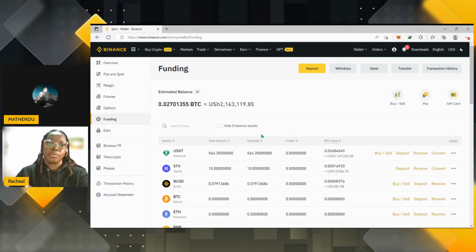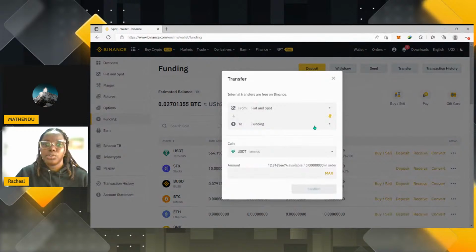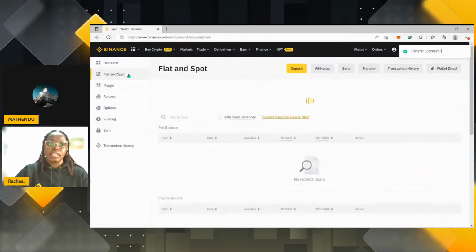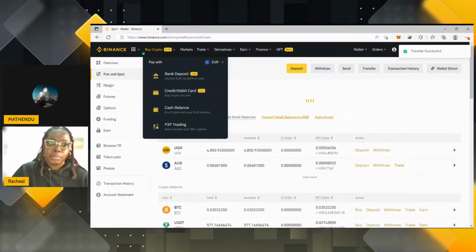When the seller confirms the payment, they're going to release the money in the funding wallet, and then from the funding wallet, I'm going to transfer the money to my fiat and spot. So I select USDT and the amount, and then click confirm. Simply like that, I have the money in my spot wallet.